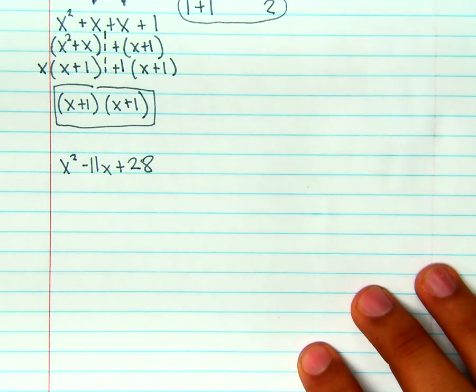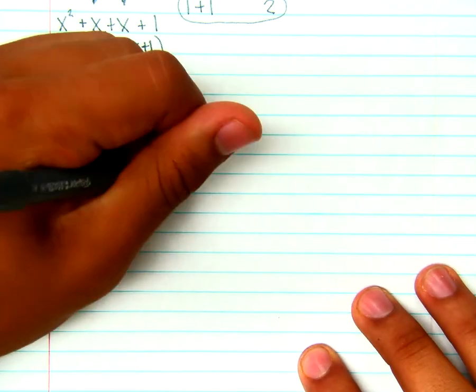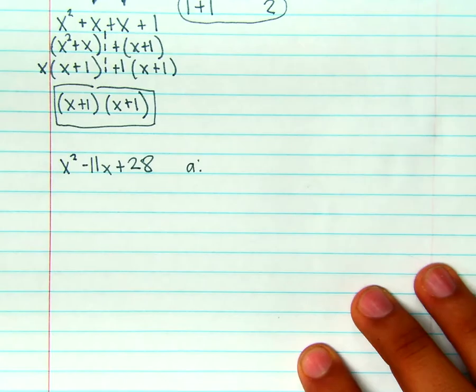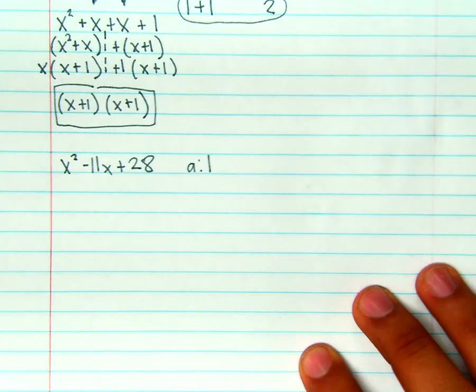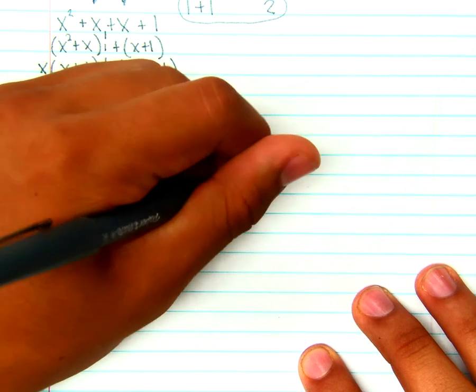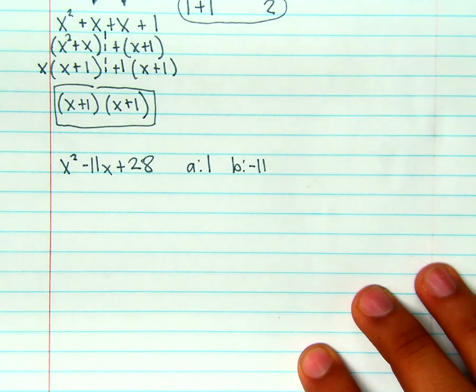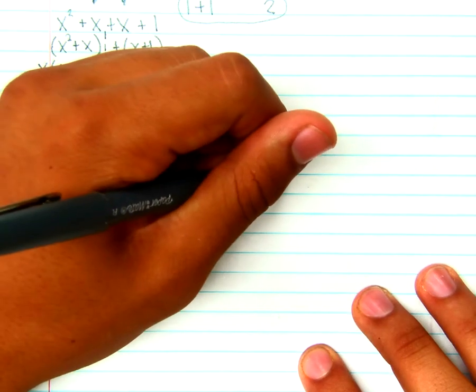So just as before, our first step is to find our A, our B, and our C. First step is to find the coefficients. So what is our A going to be? 1. Very good. What is our B? Negative 11. And our C? 28.